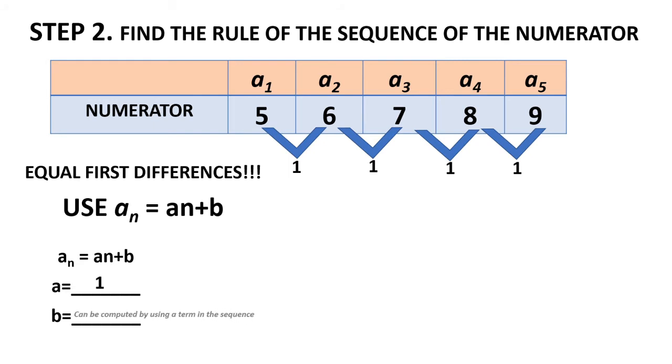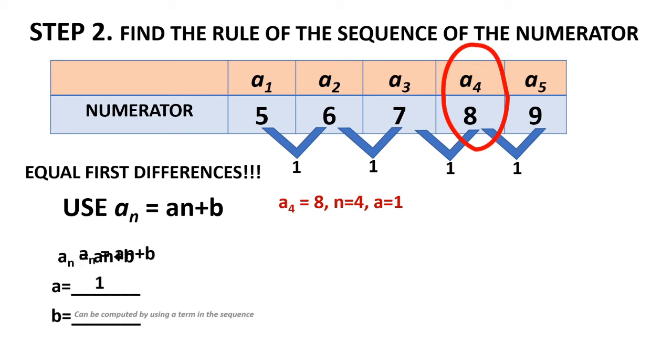so which left us to solve for b na pwede natin i-compute by using a term in the sequence. So we can use 5, 6, 7, 8, or 9. Kung anong gusto nating term sa sequence. In my case, I will use a sub 4 or the fourth term which is 8. So ang given na ngayon ay a sub 4 is equal to 8, in which n is equal to 4, and the common difference is 1.